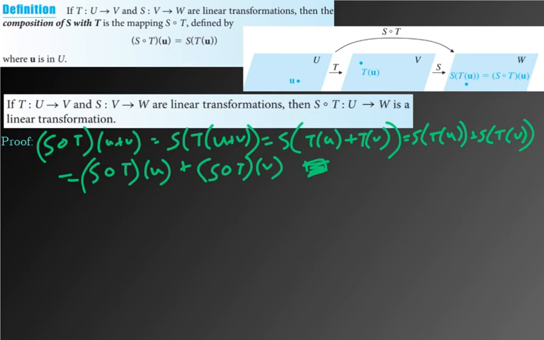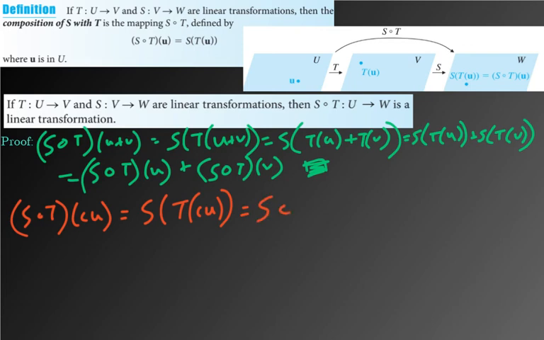Then for the scalar one, we just need to make sure that we can pull scalars out of this thing. And so same kind of thing. I'm just going to use the definition first. And then T is linear, right? So I can pull a scalar out of that. And then S is linear, so I can pull a scalar out of that.